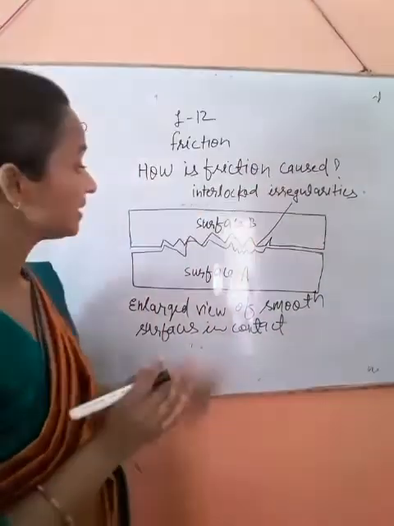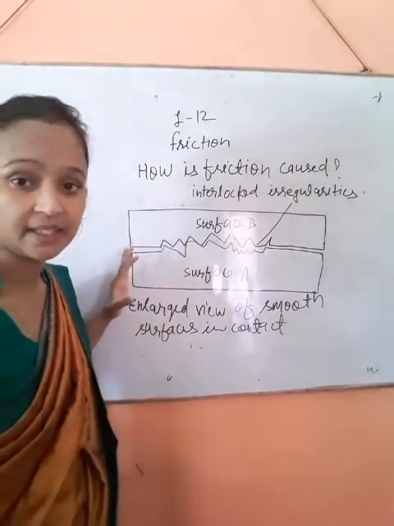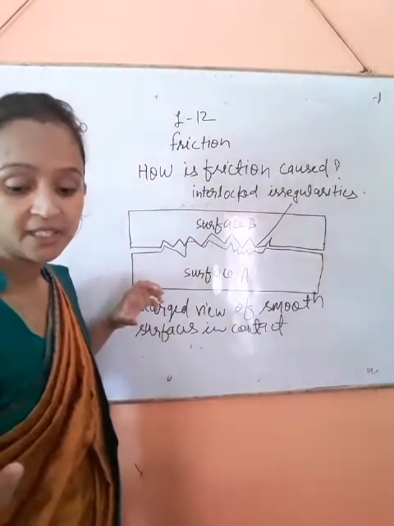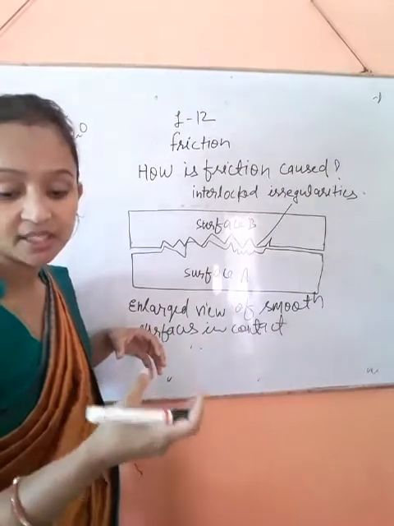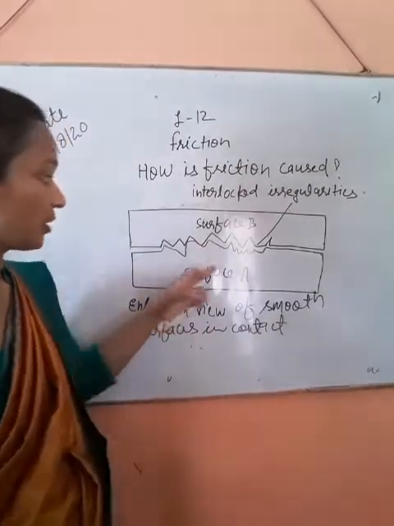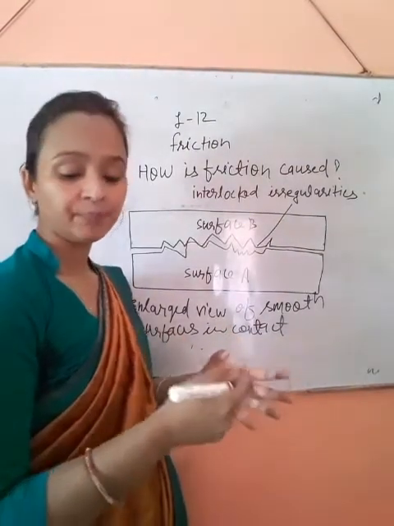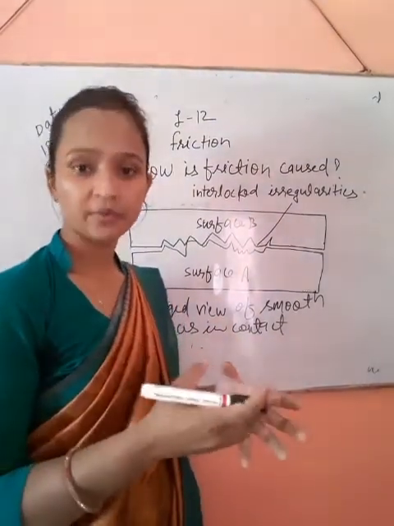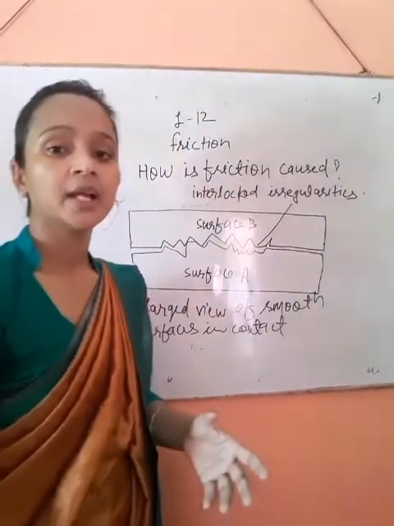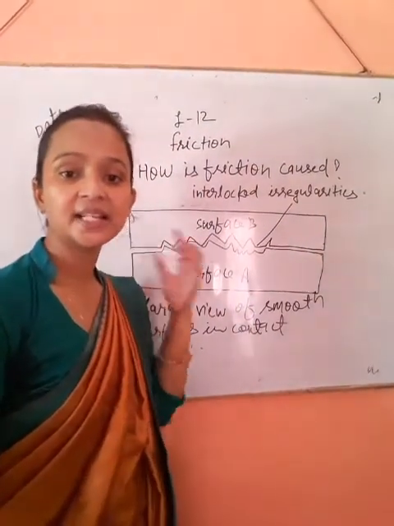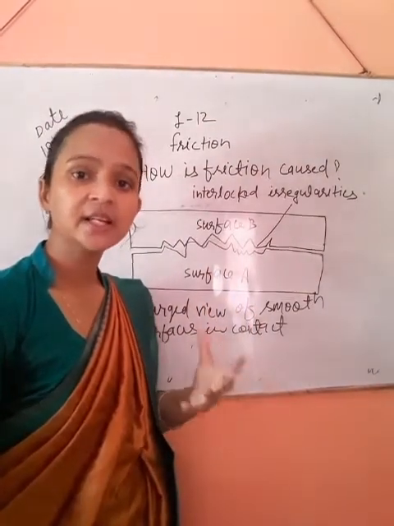In this diagram again you can see that when two bodies are placed upon one another, the irregularities of the surfaces get interlocked. If the surface is more rough, then there is more friction. So in this diagram we saw how friction is caused.